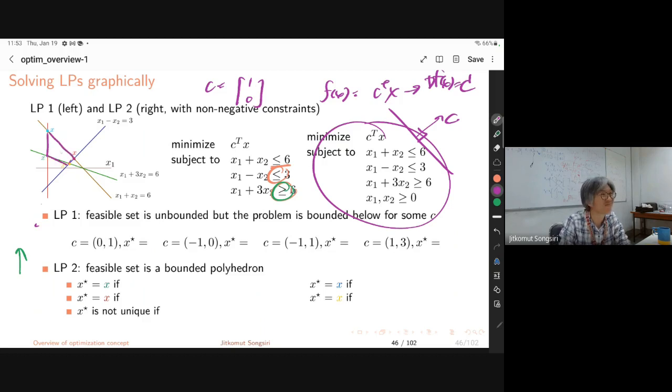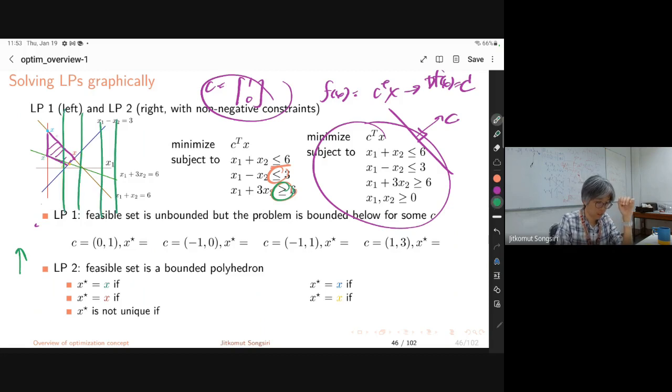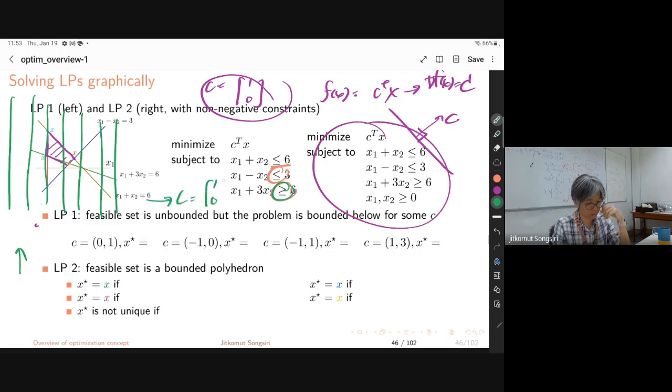LP1 has an unbounded constraint set, but LP2 has a bounded constraint set. With the same objective, now, what is my P star? My C is pointing that way.